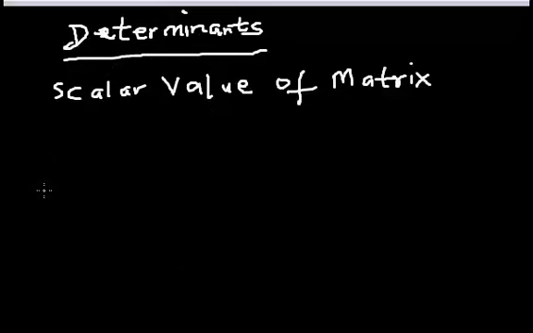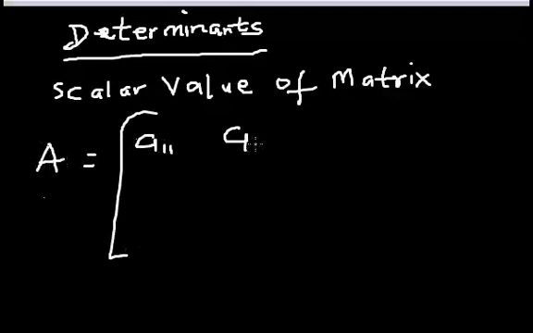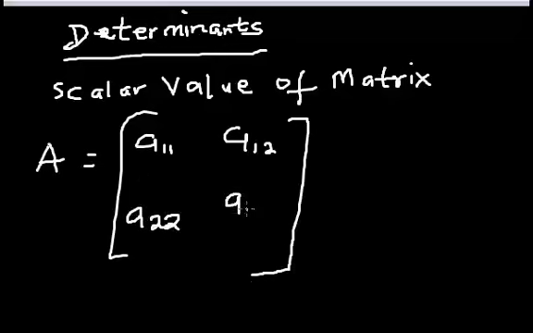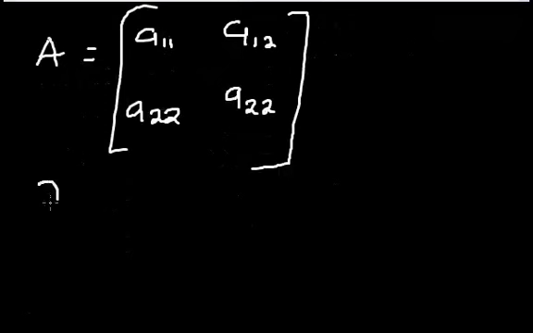So invariably, if I have matrix A, let's say I'm using A11, A12, then A21, A22, these are 2 by 2 matrices. This is the matrix that has arrays of elements, rows and columns.